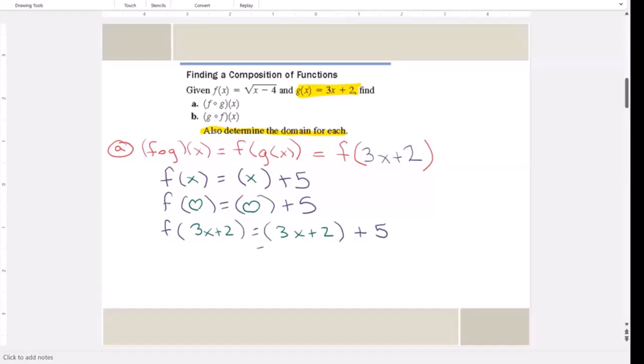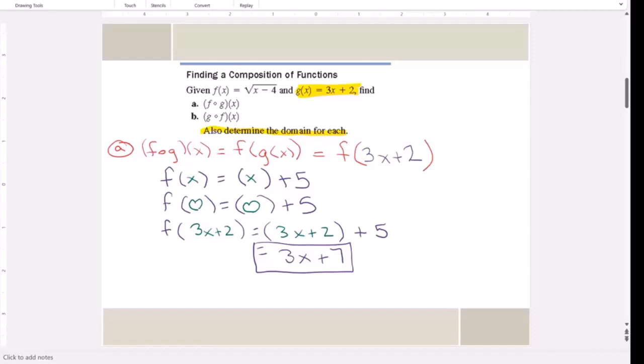And I can simplify this now to 3x plus 7. So that would be my f of g of x, if it was f of x equaled x plus 5.